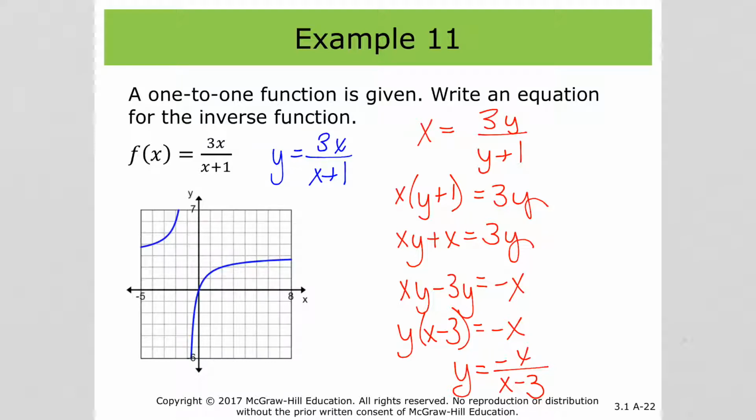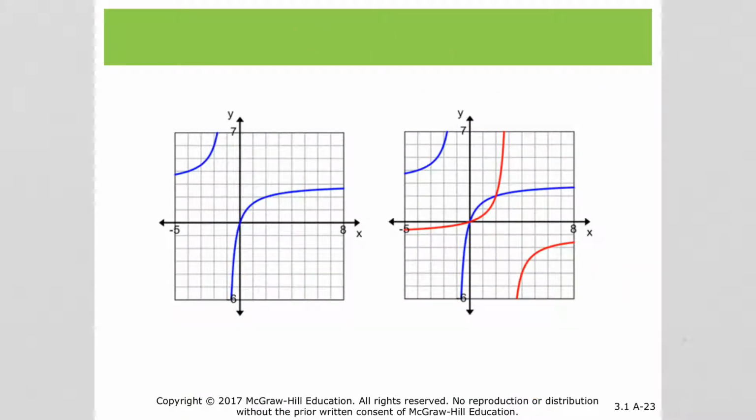Something's not right. Oh, okay. I just switched it around the other time. Okay, so we can say that the inverse function is negative x over x minus 3. And if we graph that, there it is, you can see that everything has flipped, okay, along the line y equals x.